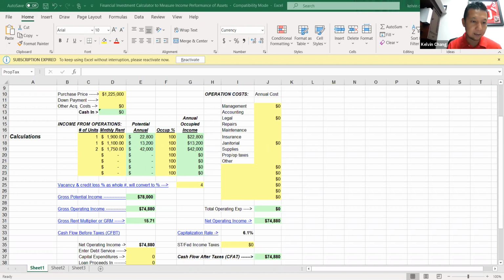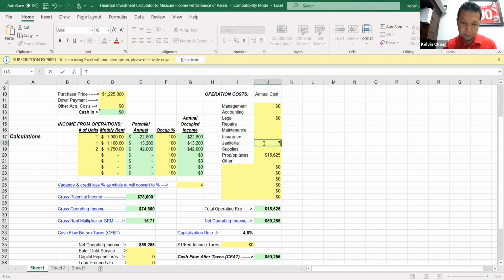It'll help me analyze this property much better. So I look at trash, $700, taxes, $15,625. I'm just going to label this as trash, $700 right here. The insurance was $1,100.